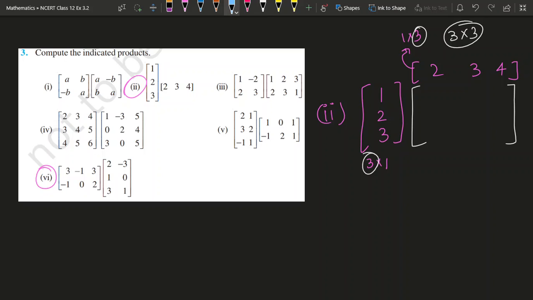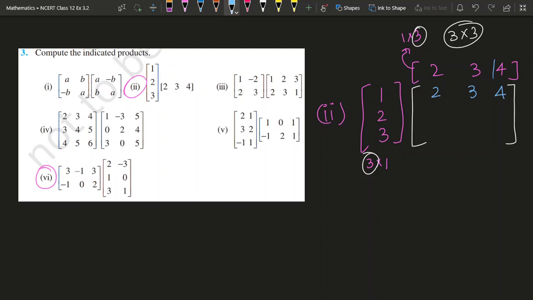So for the first entry here, you multiply 1 and 2, so you get 2 here, and then you multiply 1 and 3, so you get 3, then you multiply 1 and 4, and then you get 4, and you can really continue like that.